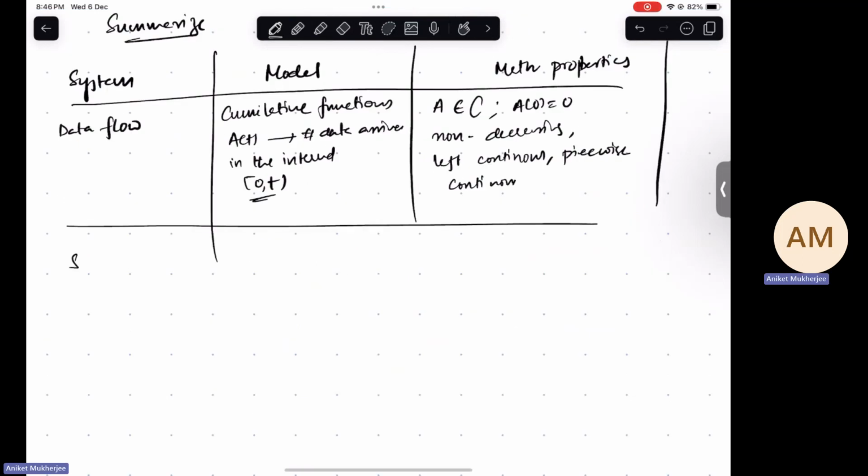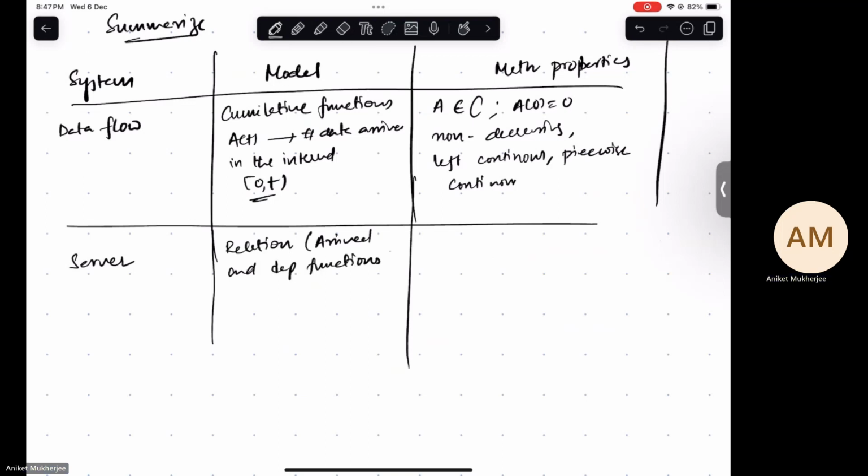Next, we looked at the server. So how did we define a server? It is basically a relation, we'll talk about this later, between arrival and departure cumulative functions, right?